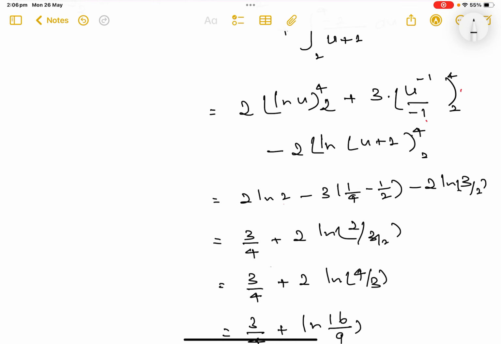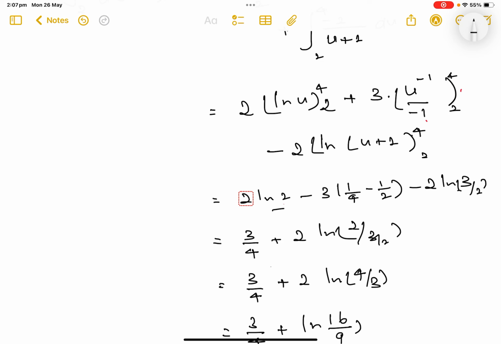Right, apply the limits. Here the first one, the limits give ln 4 minus ln 2. By the logarithmic identity, ln 4 minus ln 2 is ln (4 over 2), so ln 2. And then 3 times, and this u to the power minus 1 is 1 over u: upper limit, 1 over 4, minus 1 over 2.